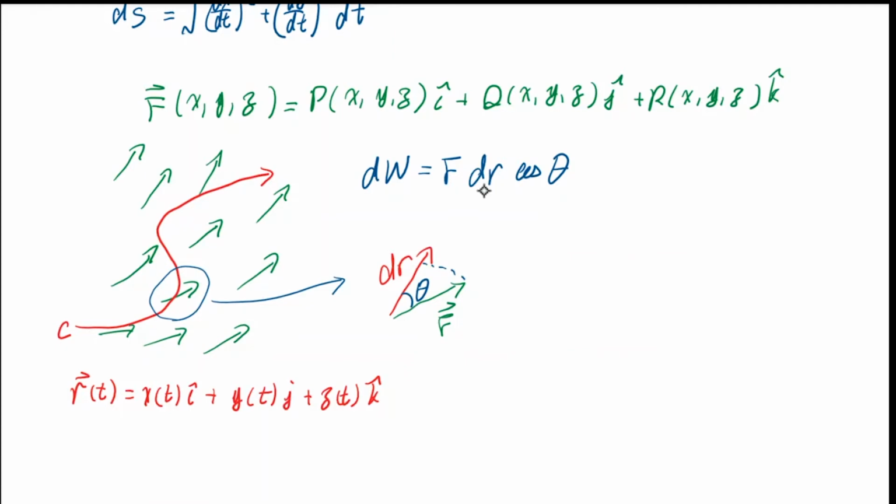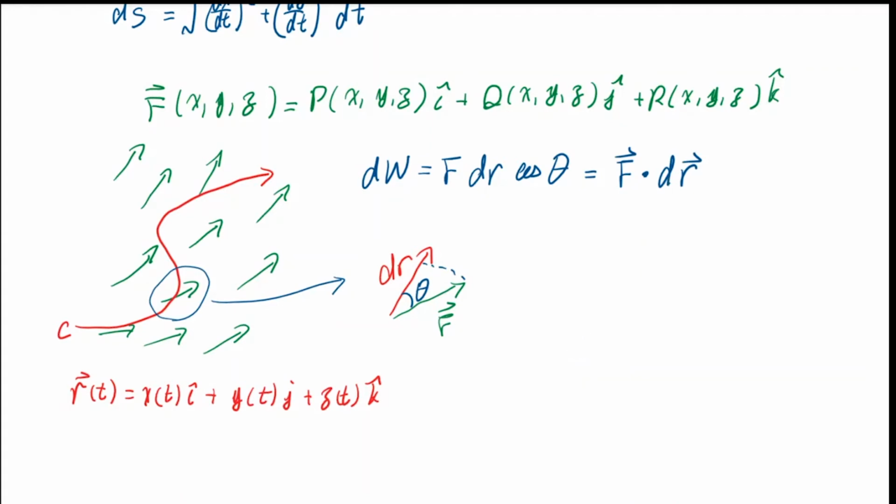Okay. But then that is a nice way, right? Because that's what we know as F dot dr. You see how that works out? Okay, this is very nice because remember F is a vector. All you need is a dr vector then, eh? Yeah, let's figure out dr vector.